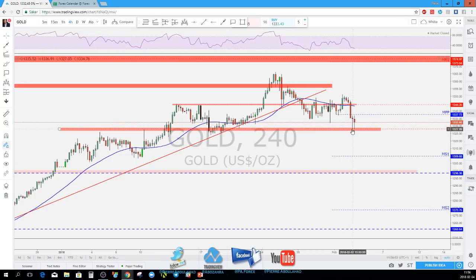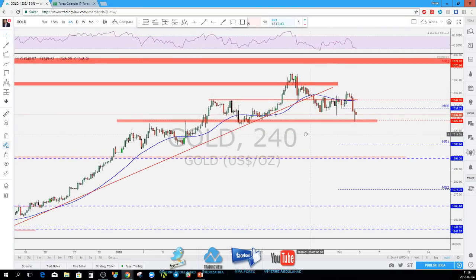We still have this level down here, the 1327, an important structure for the gold.